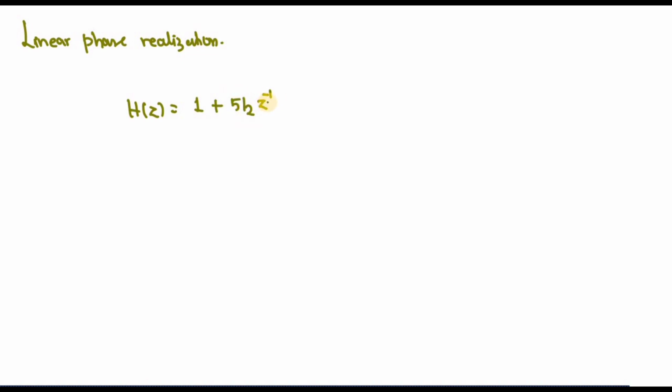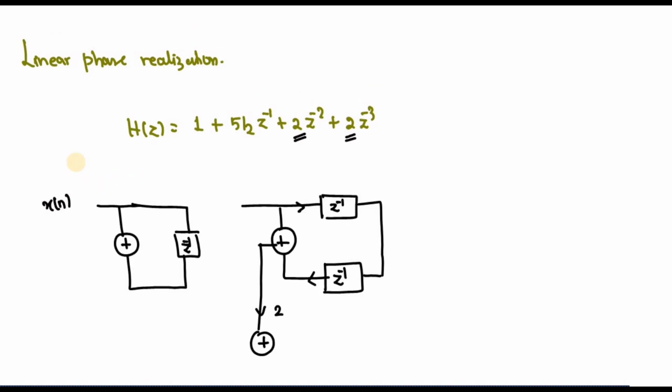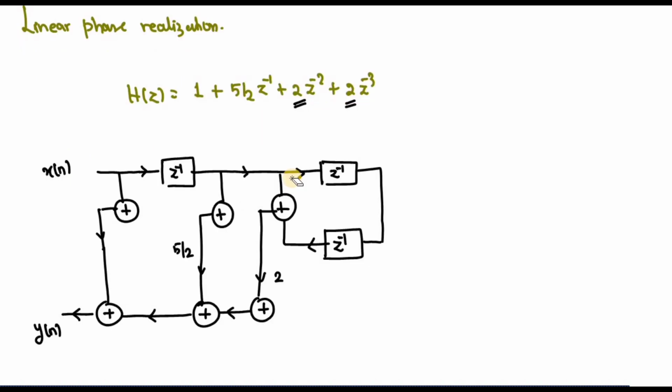Sorry, I can draw the diagram. Okay, you can see, but I can't draw it properly, right? Why I can't draw it properly is because it has to obey this symmetry rule, that is h of n is equal to h of N minus 1 minus n.